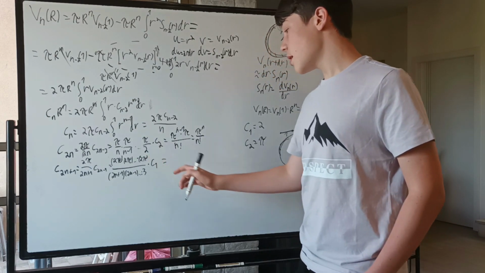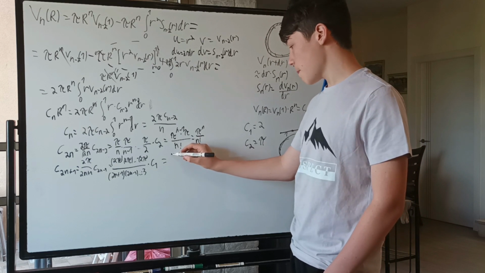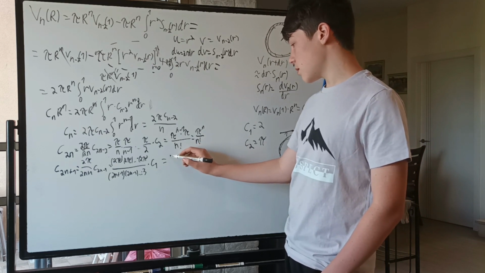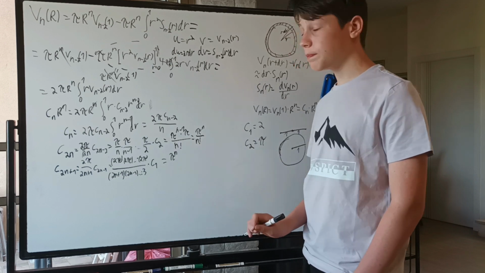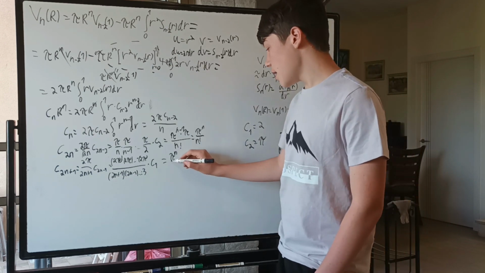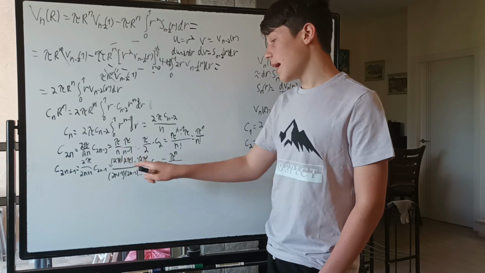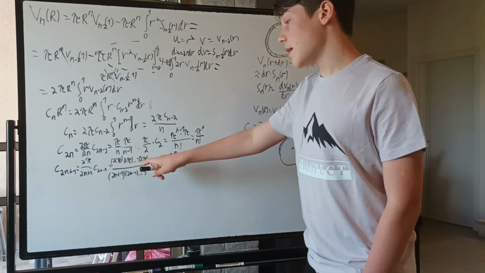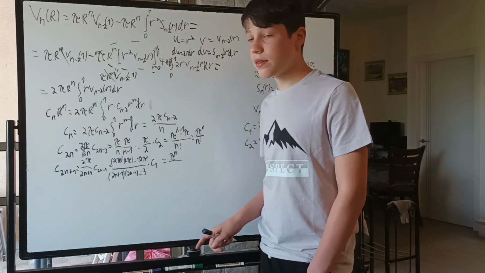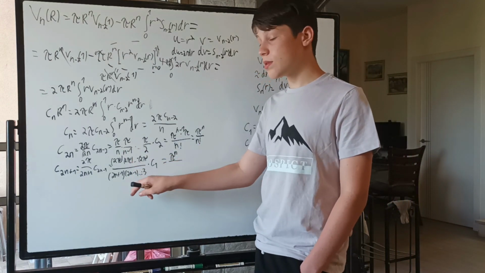So at the top we will have, let's do this like this. This is going to be pi to the n. And then these are n 2s, and at the bottom we have n terms. Let's bring these 2s down.